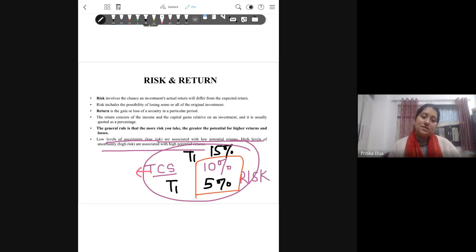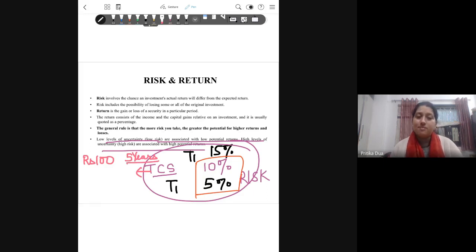When I purchase this share, I expect my return in two forms. One is, hypothetically, the share is of rupees 100 at the time of purchase, and I have a time frame of say 5 years that I will be investing in this share, or I'll be holding this share for 5 years.